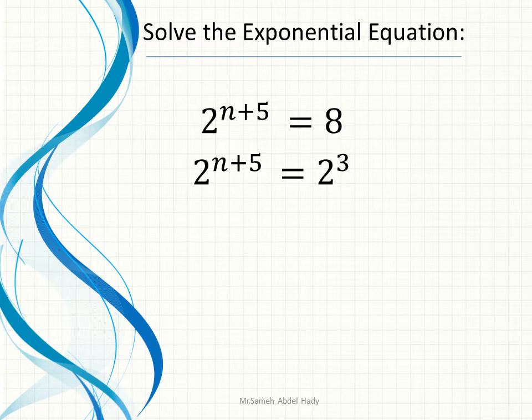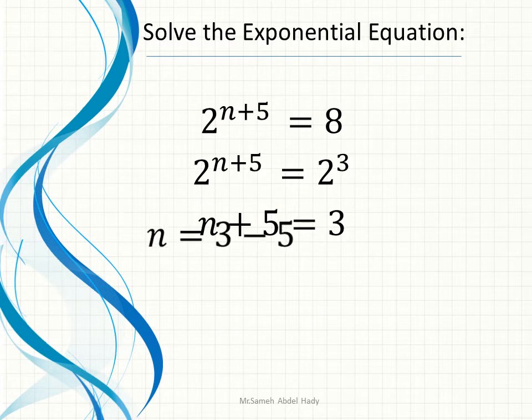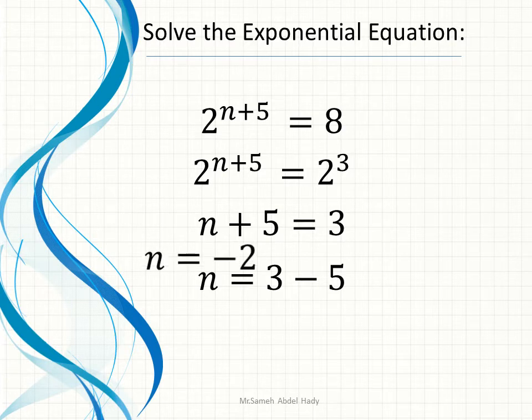Alright, here I have base equals base, so I write power equals power. We see n plus 5 equals 3, so n will equal 3 minus 5, so n equals negative 2.